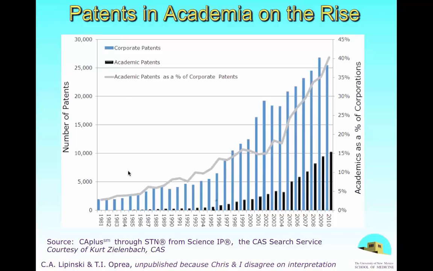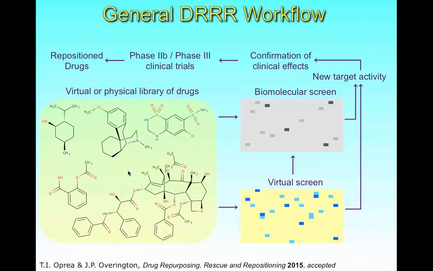So, if you were to design a drug repurposing workflow, this would be a typical scenario. You start with a library of drugs, whether it's virtual or physical. You run either a physical screen or a virtual screen, and then you come up with some new targets. Unfortunately, for publication purposes, most people stop here.